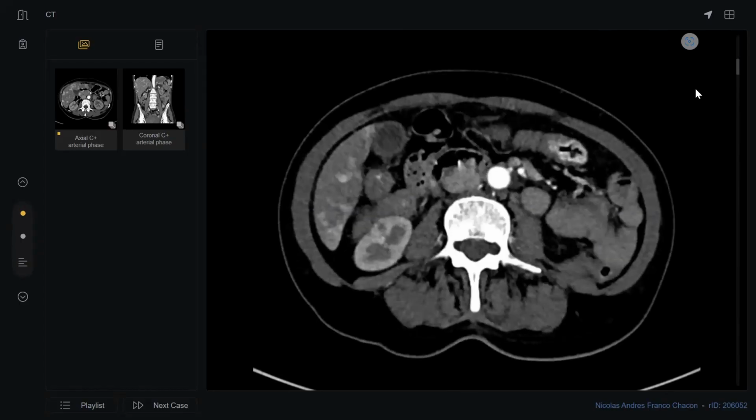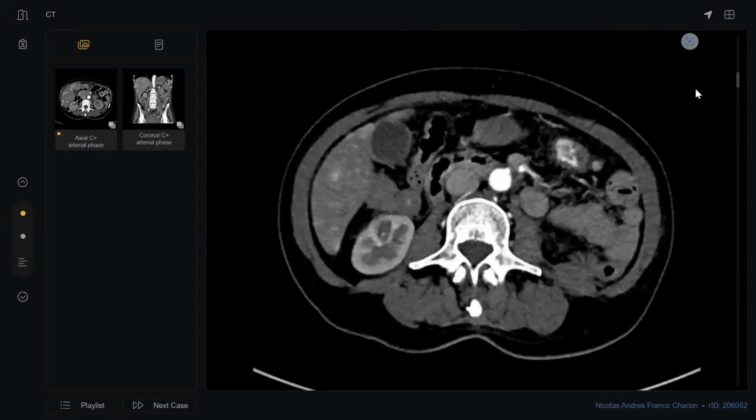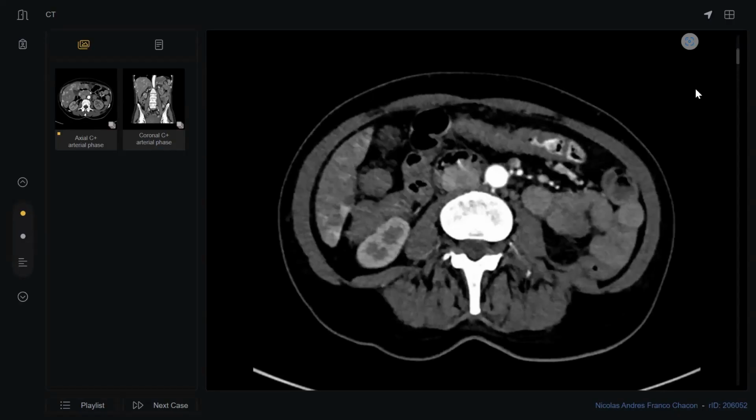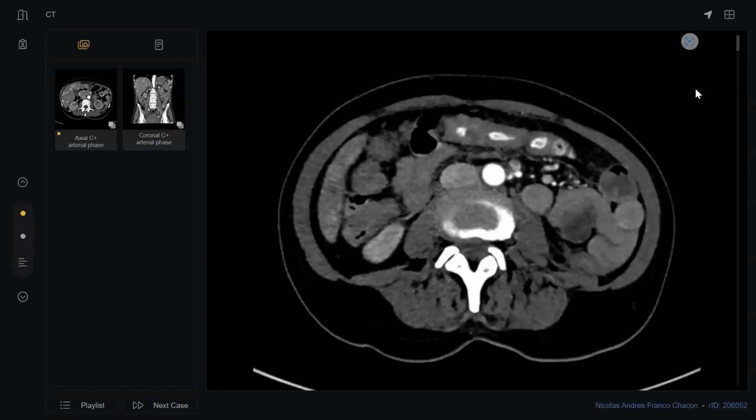So I'm presented with contrast-enhanced images of the abdomen of a patient who presented with abdominal pain with a limited history. So I'm taking a moment to scroll through the entire series of images.